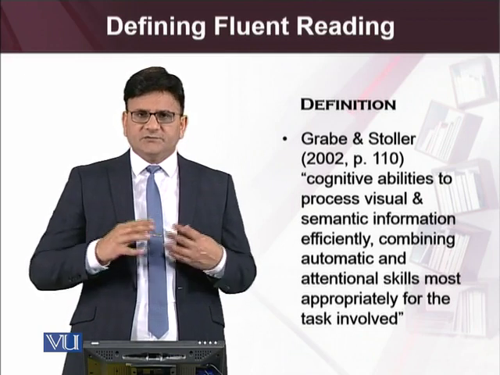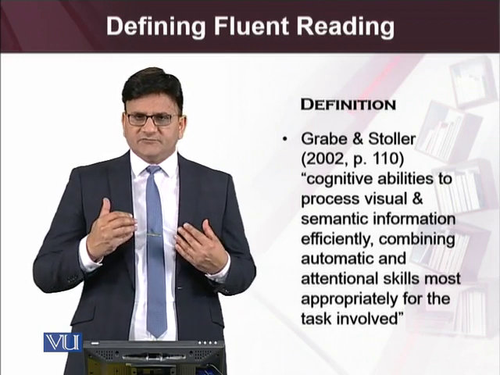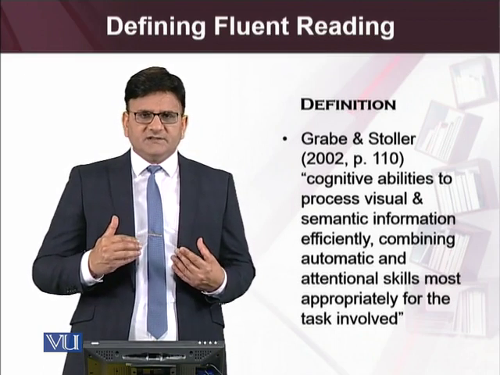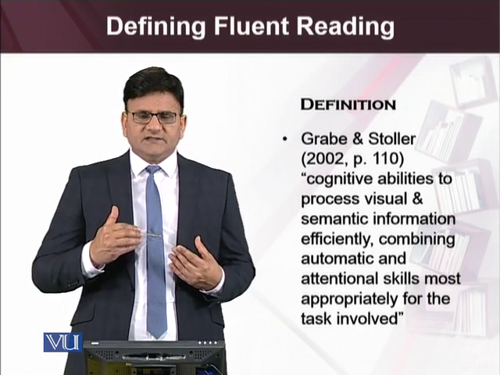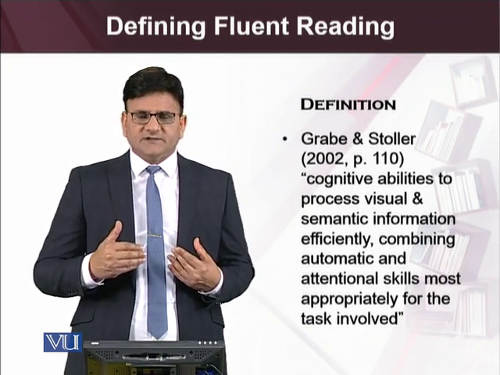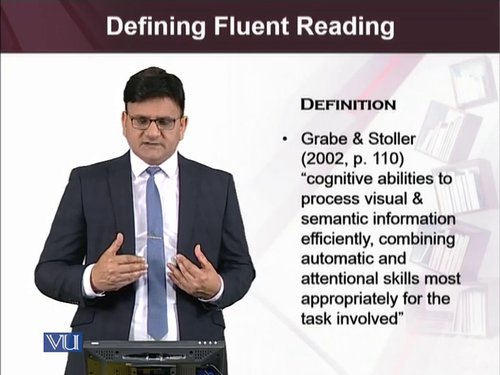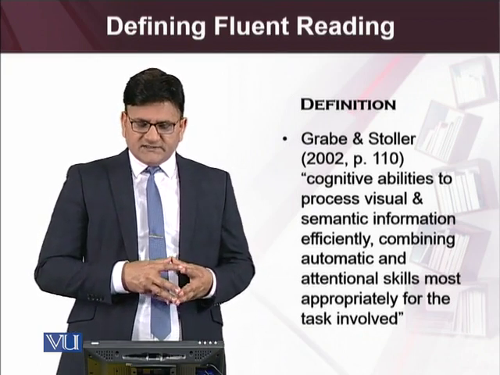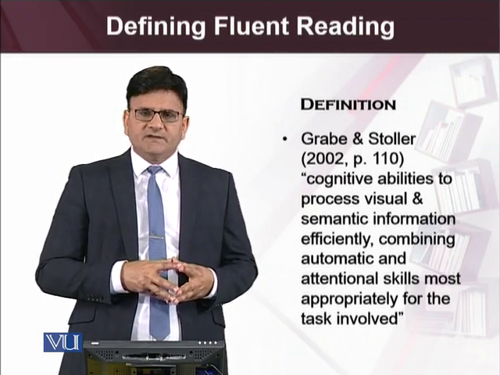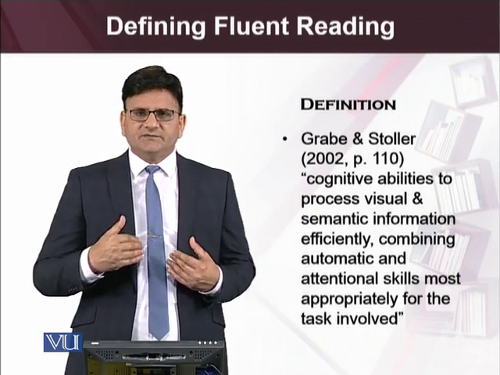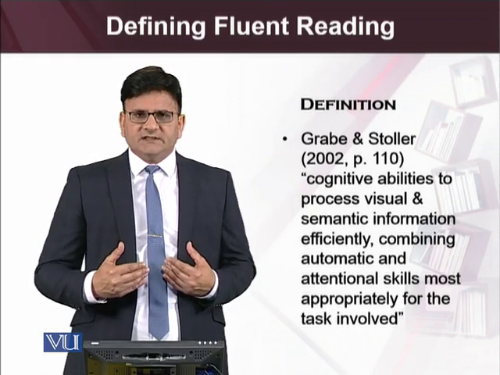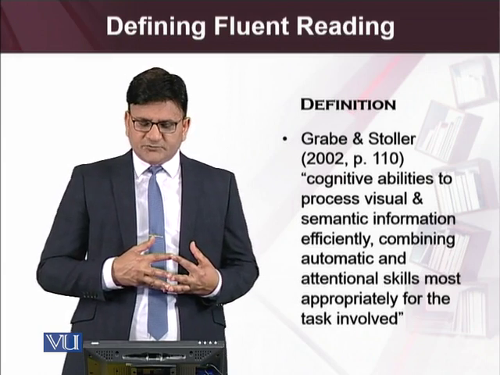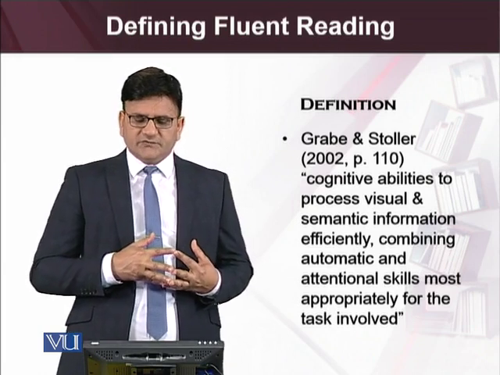It's all about, if you say that I'm a fluent reader, it means that you can make the meaning or gather the main message of the text by employing various strategies efficiently, combining automatic and attentional skills. And you know how to notice, what to notice, which part of the text to be noticed or which to be ignored, most appropriate for the task involved.